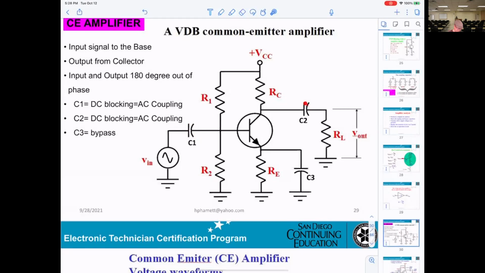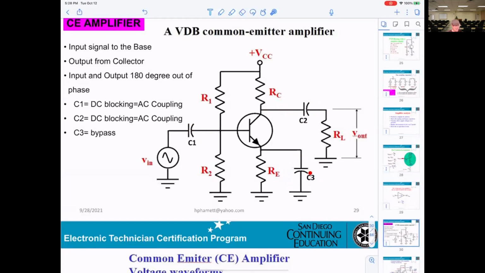C1 and C2 are the DC blocking or AC coupling capacitors. That means they only allow AC to go through the capacitor, not the DC. That's the name, DC blocking, AC coupling. And also you get C3.